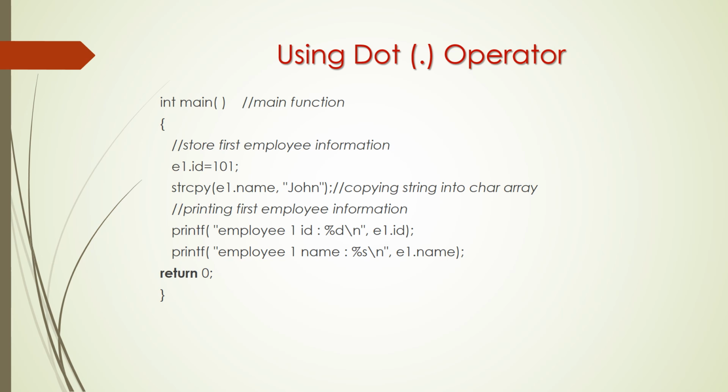E1.id is the employee ID, the id member of the structure E1. Similarly, E1.name is the employee name of the structure variable E1.